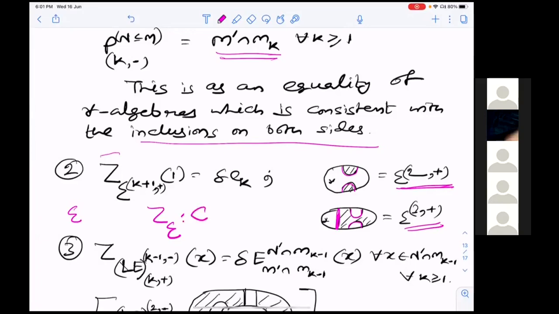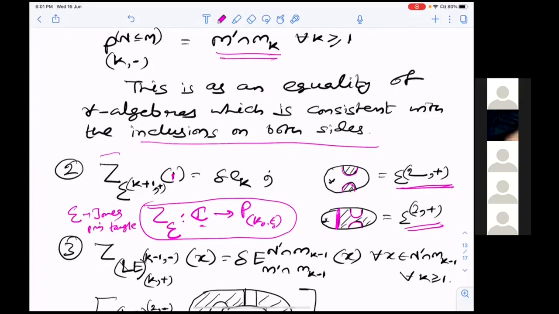So it must be defined from C to the color of the external k, epsilon naught. So it is saying that Z of 1 is a complex number, delta times the Jones projection. That is why these are called Jones projection tangles.